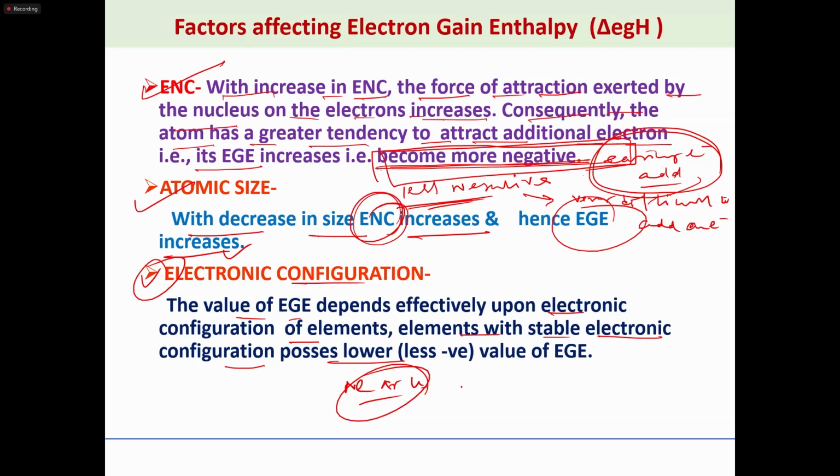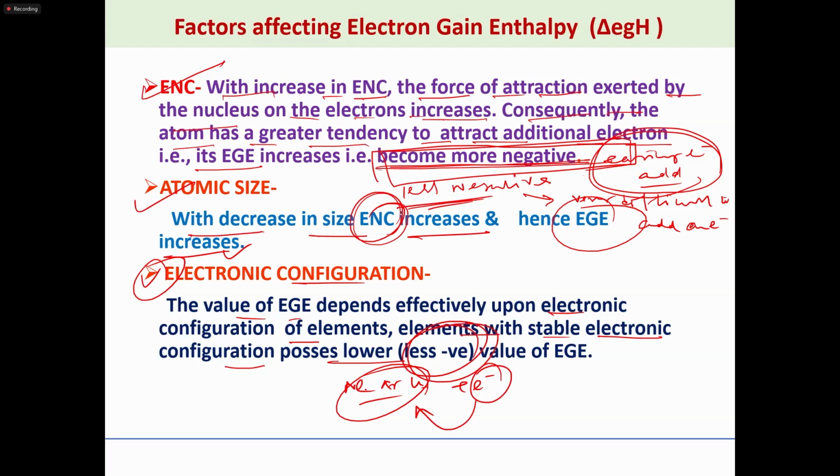So if I add one electron to these noble gases, the electron will not be easily added. Then it will have a less negative electron gain enthalpy value.